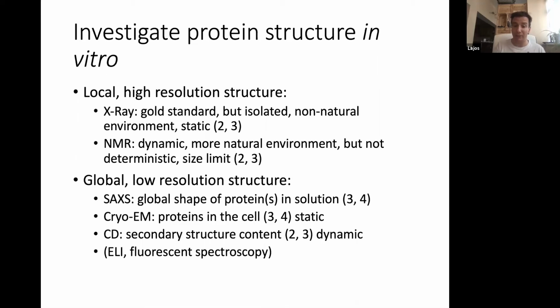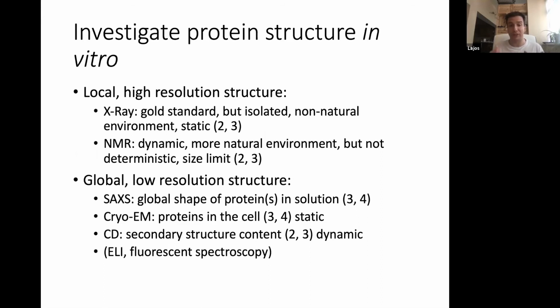You usually have a very high concentration of salt, so it's very far from the natural environment, and also this is completely static, so you don't really see the dynamics of that domain or the structure.